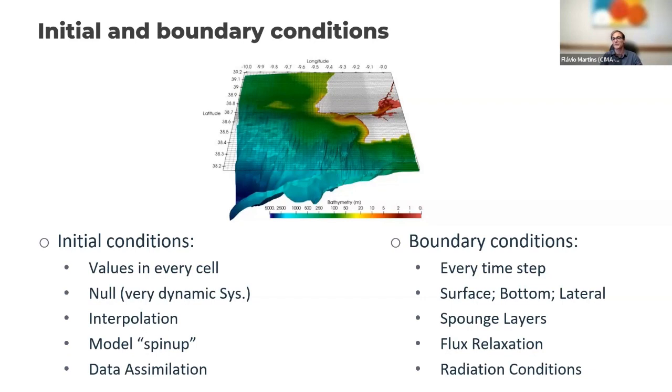So it's not possible to start from 0. Okay, so in that case, you need to start from a certain condition. Usually it's climatic conditions, climatologies, and you interpolate into your cells and you start your model.